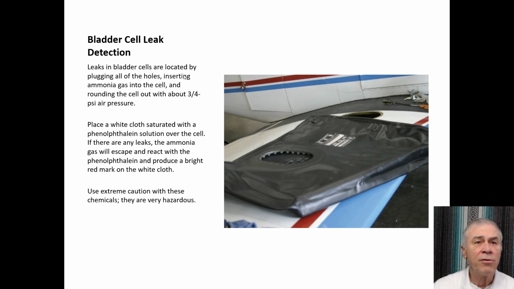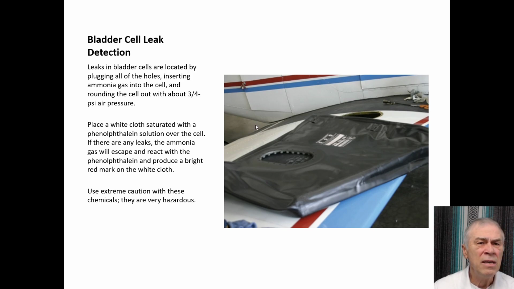The leaks in bladder cells are located by plugging all the holes, inserting ammonia gas into the cell, and rounding the cell out with about 3/4 psi of air pressure. Place a white cloth, saturate it with a phenolphthalein solution over the cell.